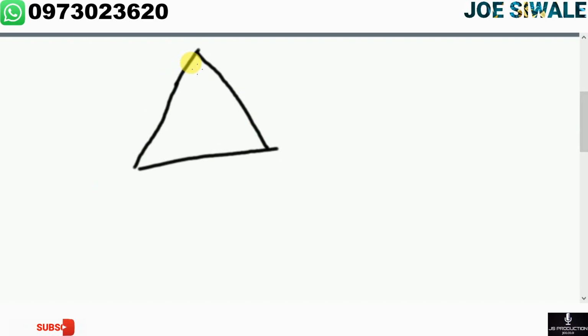I have A here, then I have my B and my C here. Length AB, I know that this is 7 centimeters, and length AC, that's 6 centimeters, and length BC, that's 5 centimeters.